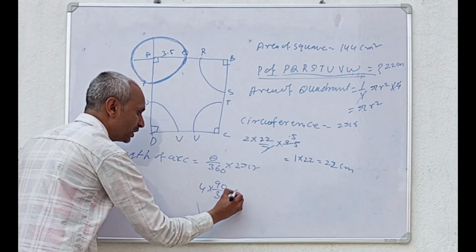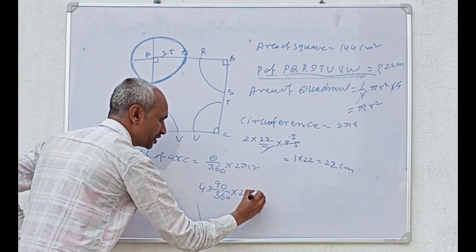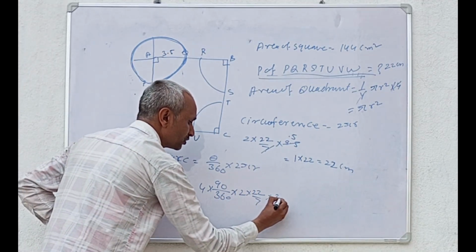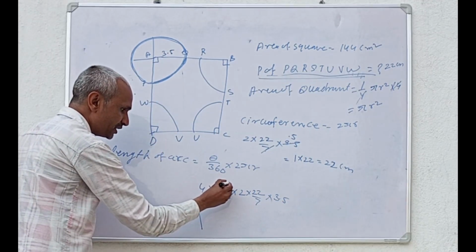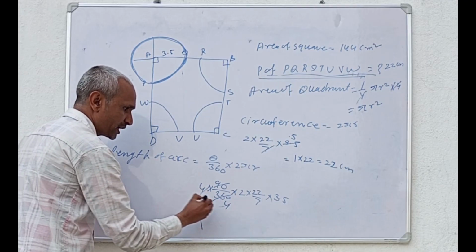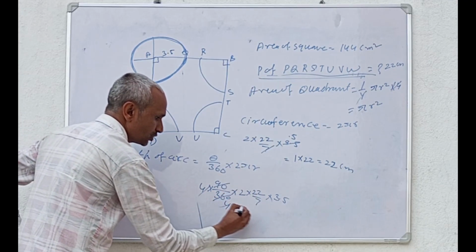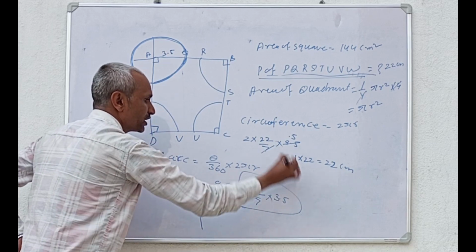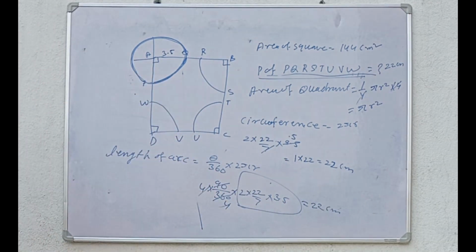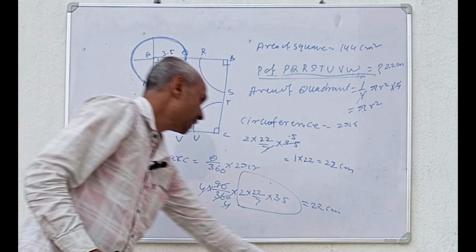So multiply 4 into 2 pi, value is 22 by 7. R value is already given as 3.5. We are cancelling it. This 4 cancels, this much only remains, so it becomes 22 centimeter. This is the another method of this one. Next we are going to another question.